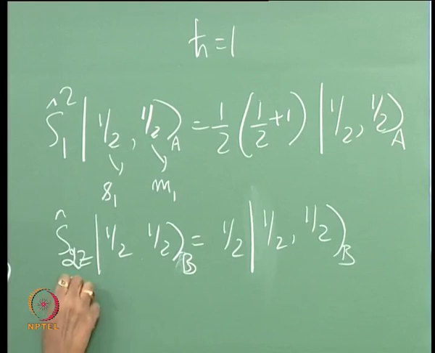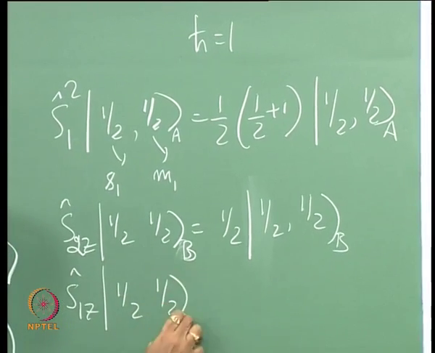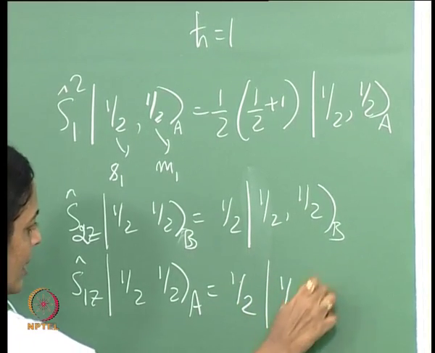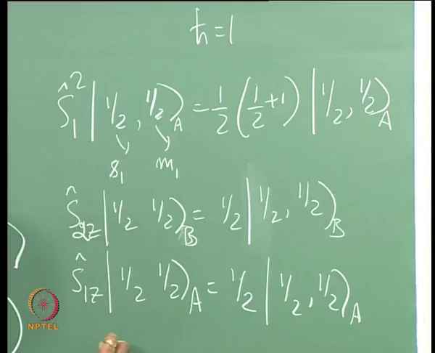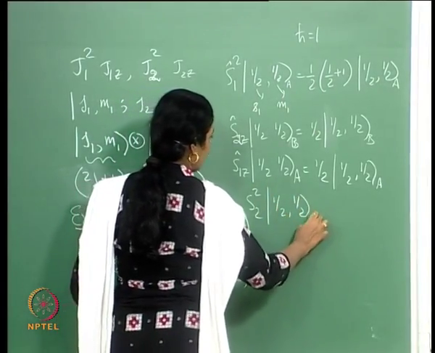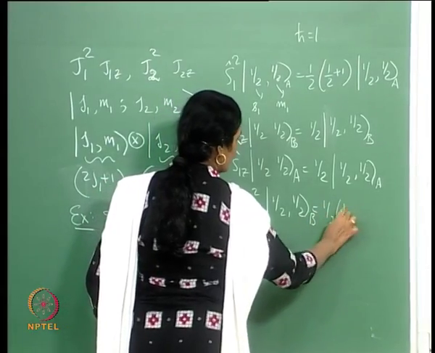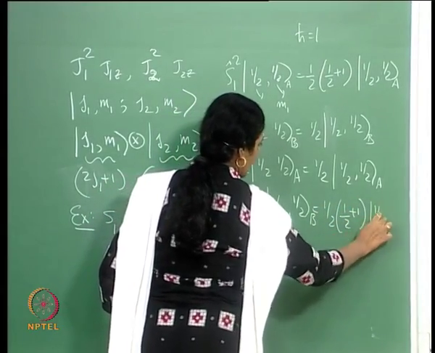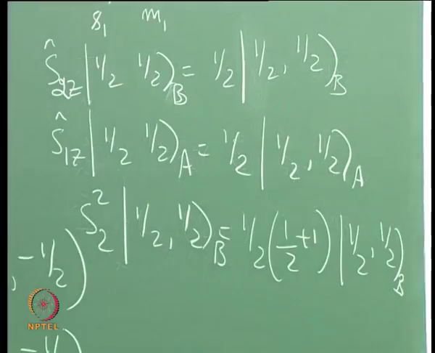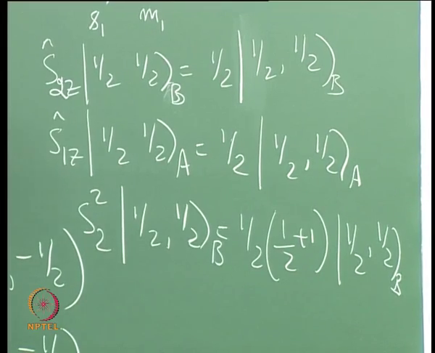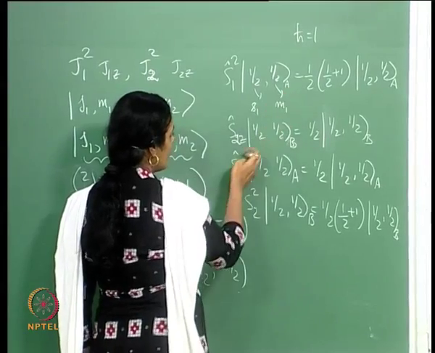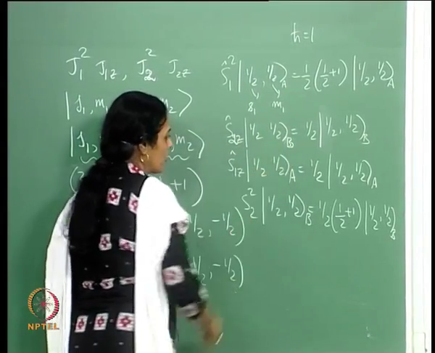Similarly, S1z acting on half half A gives me half ket half half A. S2 squared acting on half half B is half times half plus 1, half comma half B, and so on. The notation must now be evident. System 1 has kets with the subscript A here, and system 2 has kets with subscript B.